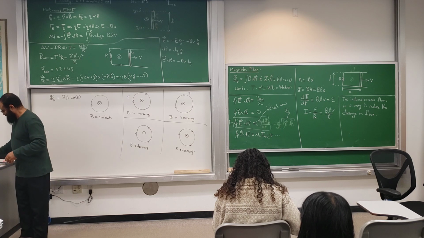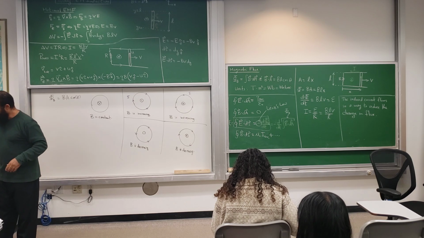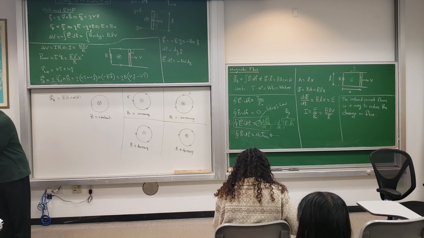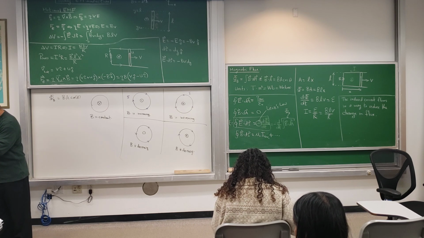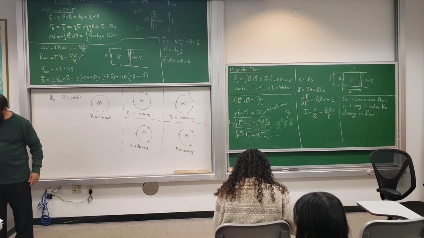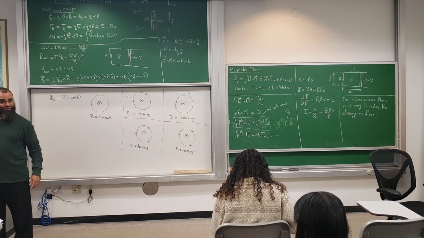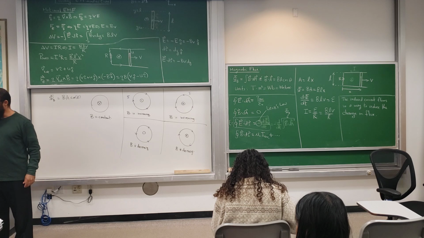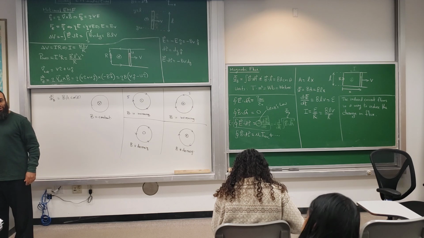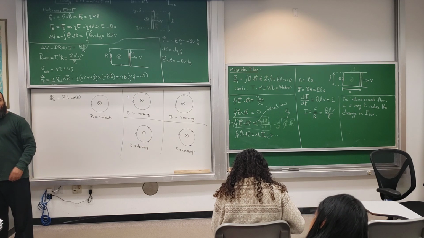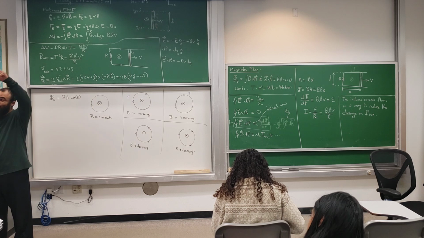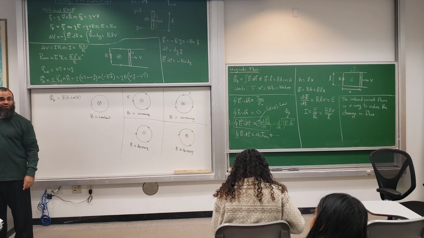So that's what you can do, and then you can have a change in flux. For instance, if you want to have a steady current, if you want to generate electricity, you can do this until you get tired. Or imagine I have this magnet this way, and you attach it to a wheel or a fan, and you let the wind blow.